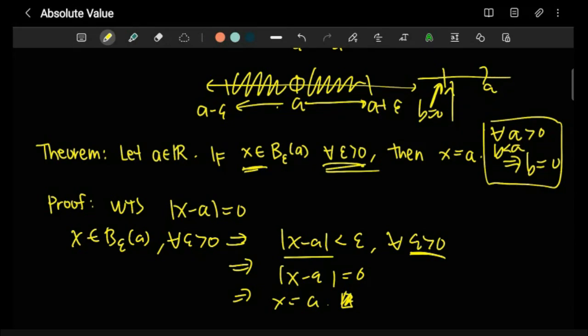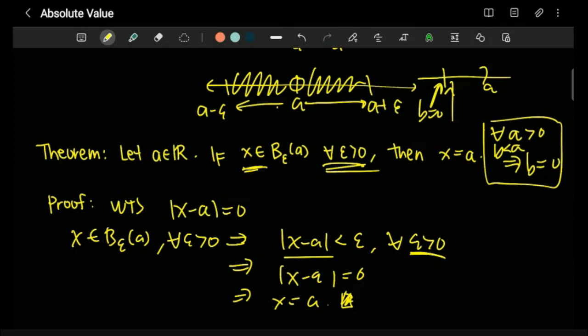May mga x na nawawala. So kung merong isang x na hindi nawawala, kahit anong neighborhood ang piliin mo, yung x na yon yung A lang. Yun lang yung tanging neighborhood niya. Well, technically speaking, hindi siya neighborhood. Yun lang yung tanging number na hindi nawawala doon sa inequality. Yung A lang. The rest, mawawala sa inequality.